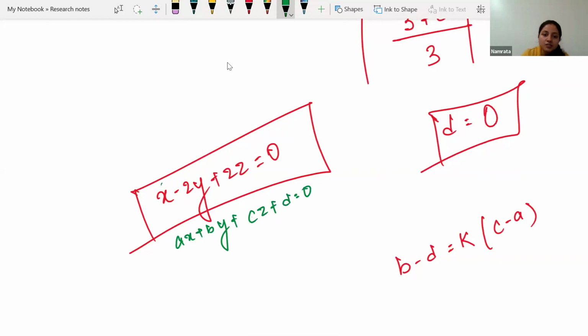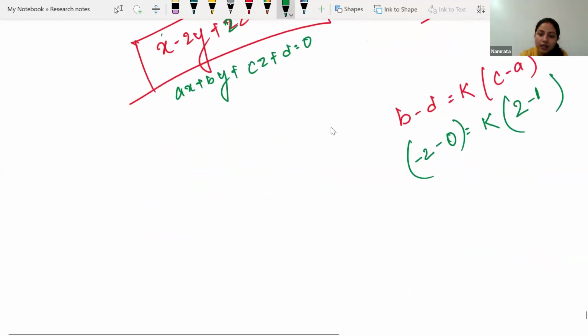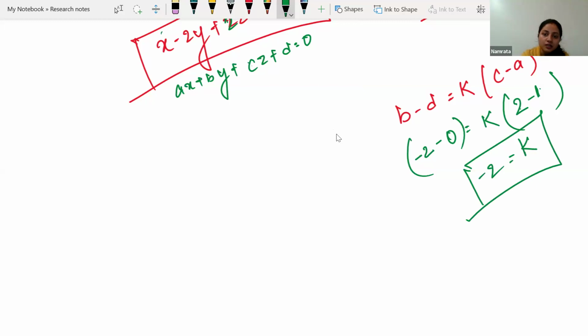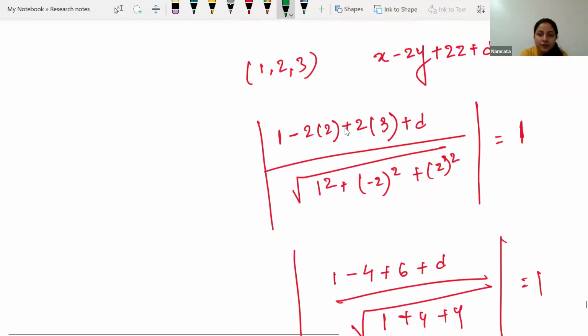We will compare. a is 1, so here we will write 1. b is minus 2, here we will write minus 2. c is plus 2, so here we will write plus 2. d is 0, here we will write 0. Here k. This is how we need to do the calculation to check the value of k. Let's see what the value of k will be. So 2 minus 1, 1. k will be negative 2 only. This is our answer, this is the value of k.